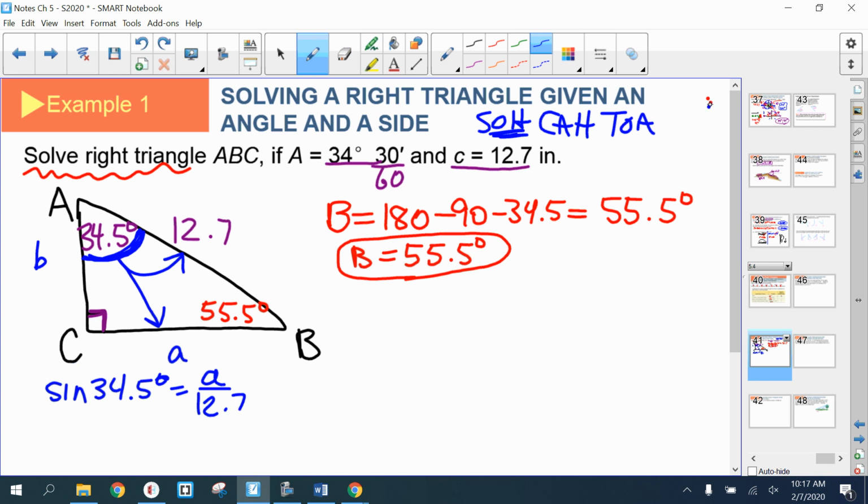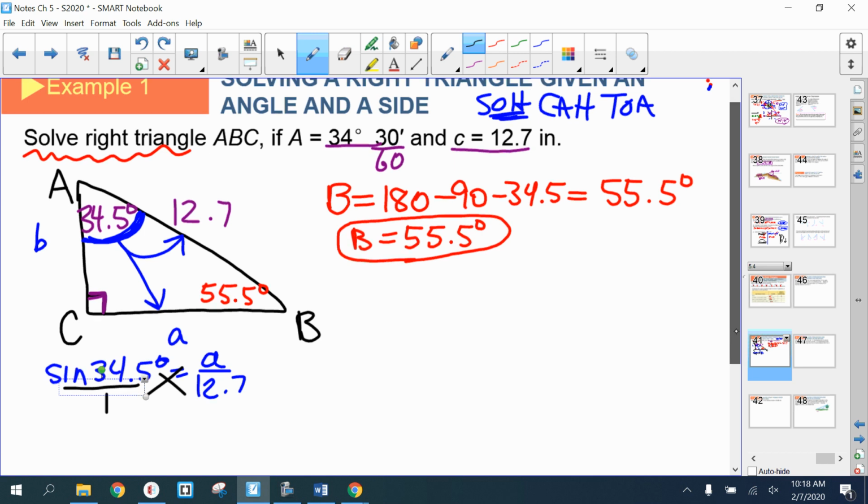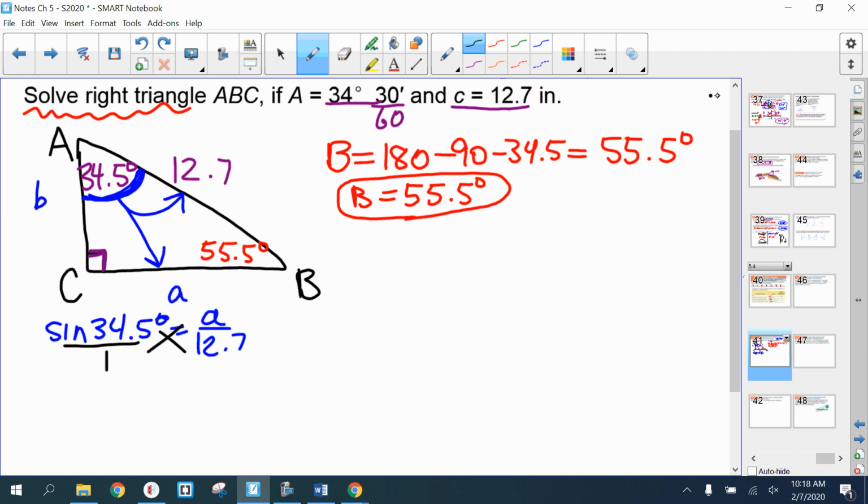Okay. Now, get used to cross multiplying. I don't want to have to write this every time, but you have a proportion, you're going to cross multiply. Try and do that in your head, I suppose. You should be able to see that A is going to equal 12.7 times sine 34.5. And that's where we would need our calculator.